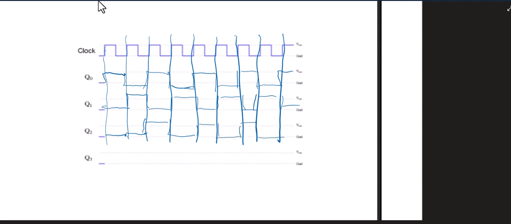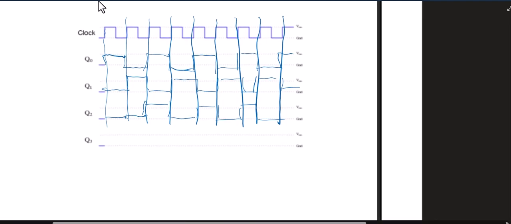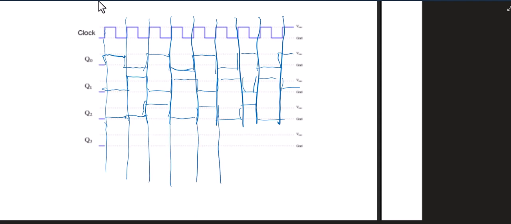But it has this delay up in front because it had to wait for the signal to get to it. And then we'll have an even longer delay for Q3. So Q3, we'll look at what Q2 was, that was 0. Look at what Q2 was, that was 0. Look at what Q2 was, that was 0. And then now it's 1, and then 0, and then 1, and then 0, and then 1, and then 0.